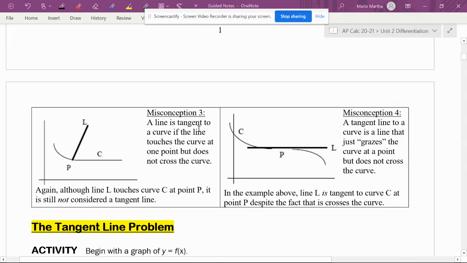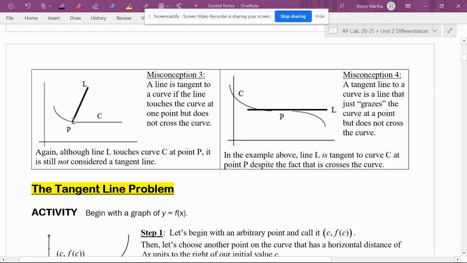Misconception number three: a line is tangent to a curve if the line touches the curve at one point but does not cross the curve. Here, we have an endpoint right there where it's touching at point P, but it's not literally what our definition of tangent is. This wouldn't qualify.